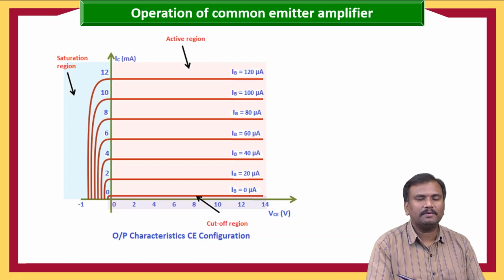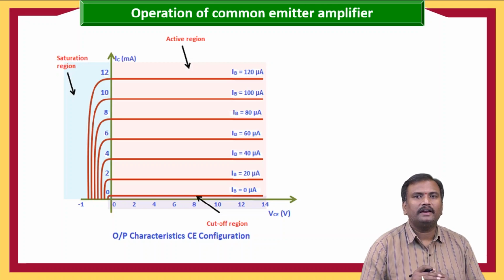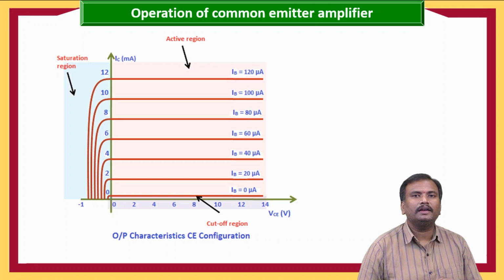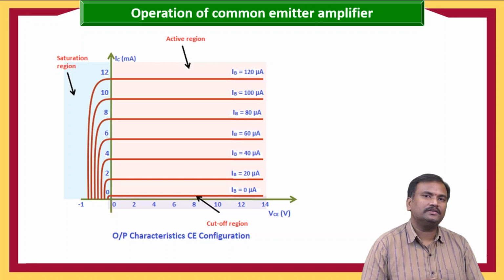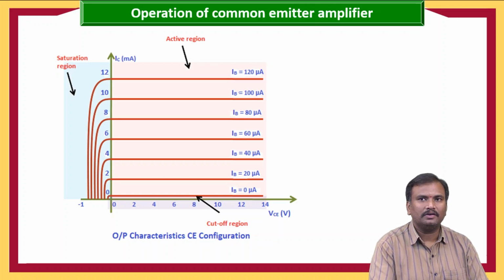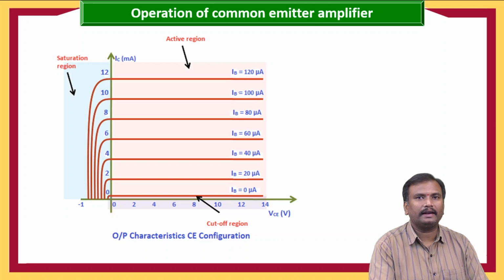When we increase the base current, because we know that transistor is a current control device. Which current control? Base current control. Once the base current is increased from 0 to 20 microamperes, automatically the collector current increases.